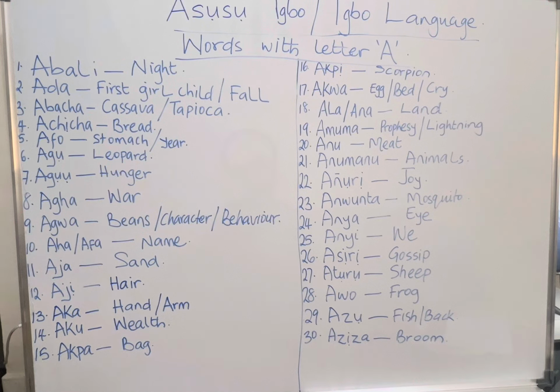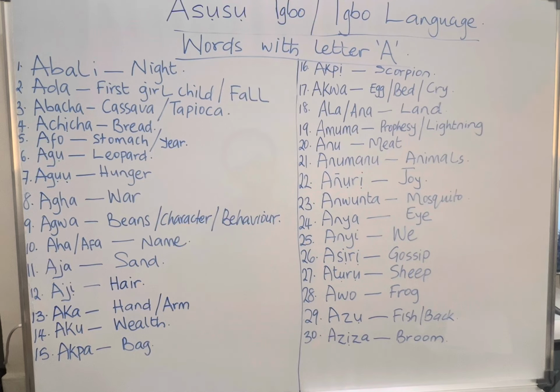Number 19, we have amoma. Here we also have 2 different pronunciations and 2 different meanings of the same spelling. The first one is amoma, which is prophecy.